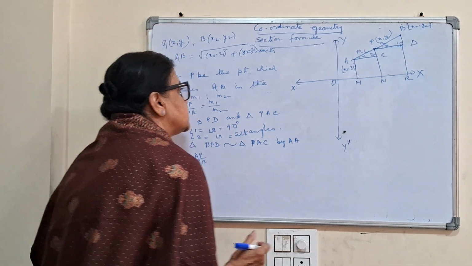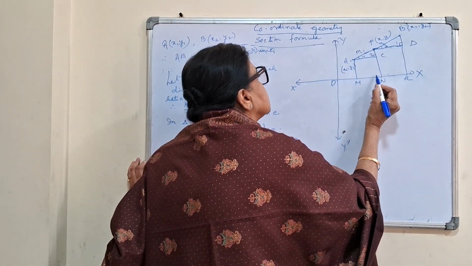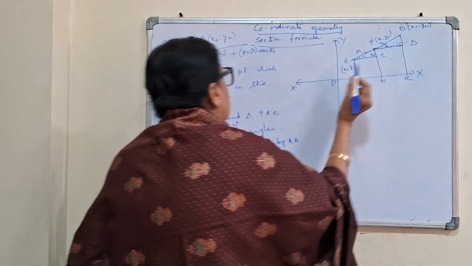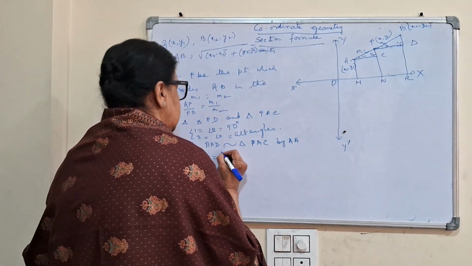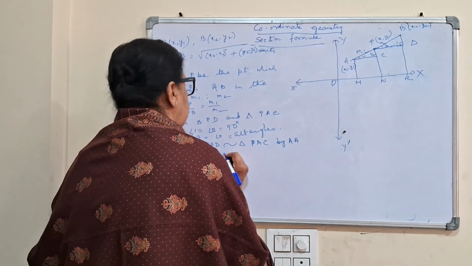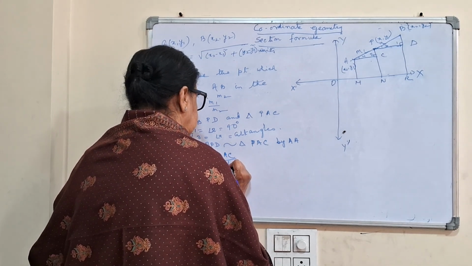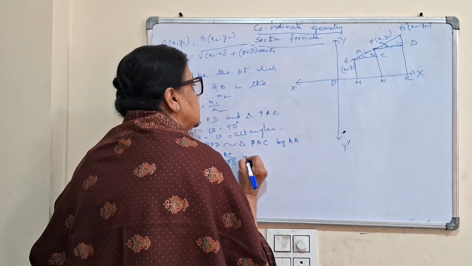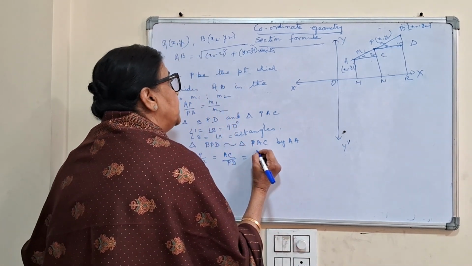What will this side be? This will be x minus x1. So AP by PB is equal to AC by PD, which is equal to PC by BD.